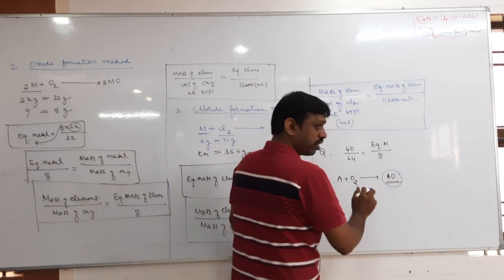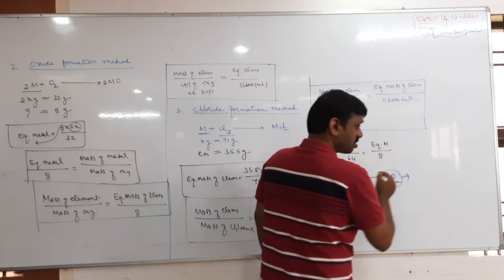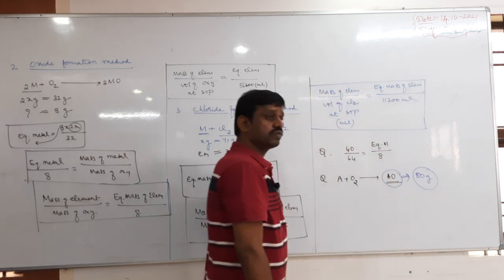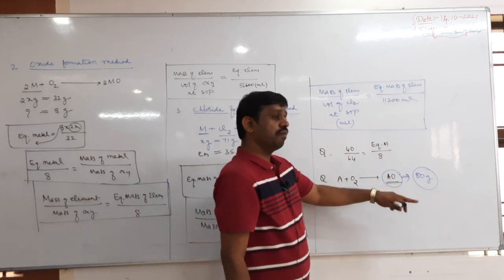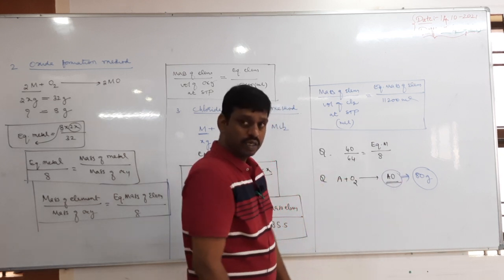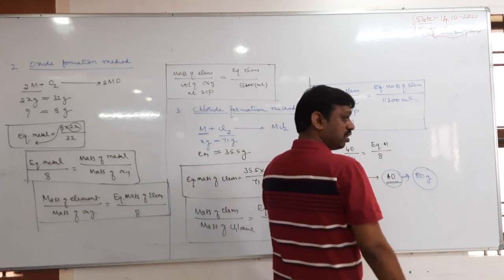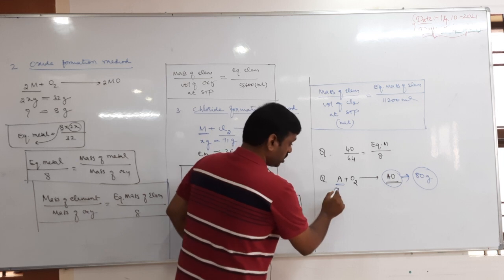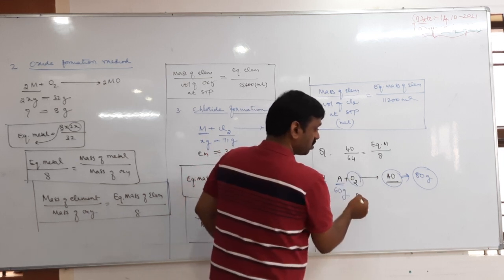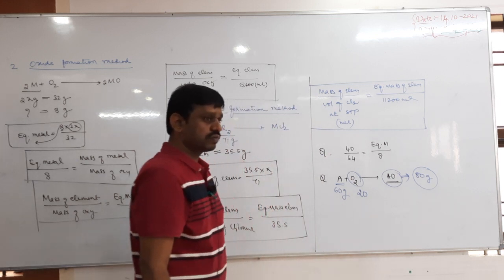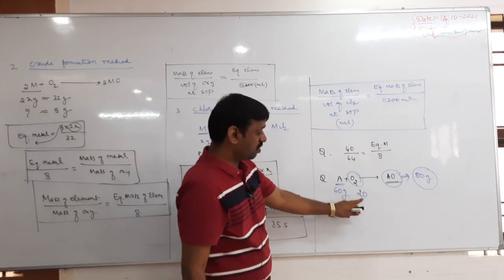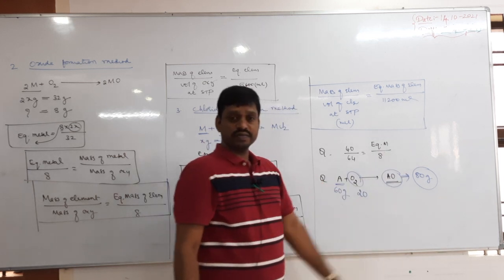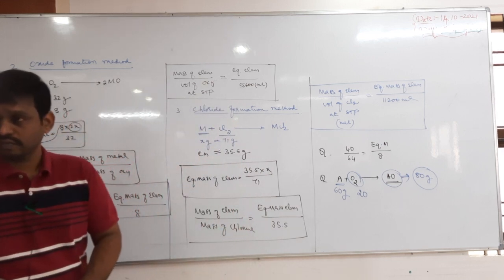In the question, the mass of the metal oxide given is 80 grams. This 80 gram is the mass of the metal and oxygen together. So mass of the metal plus mass of the oxygen is 80. Given that the mass of the metal is 60 grams, the mass of the oxygen should be 20. Mass of the metal by mass of oxygen is equal to equivalent mass of the metal by equivalent mass of oxygen, which we know is 8.